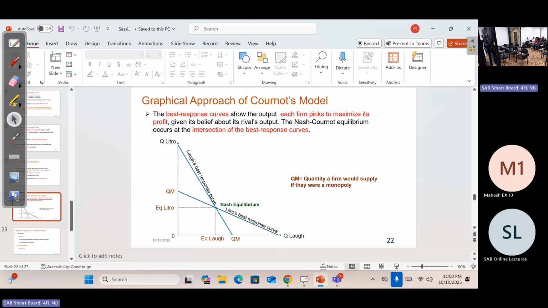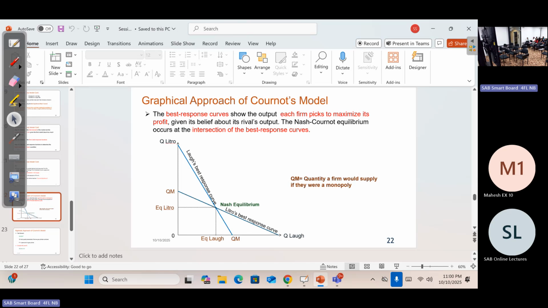Here, if the average cost goes here, then this entire part is abnormal profit. Here, price to quantity. This is your marginal revenue and this is your marginal cost. MR equals MC happens here.